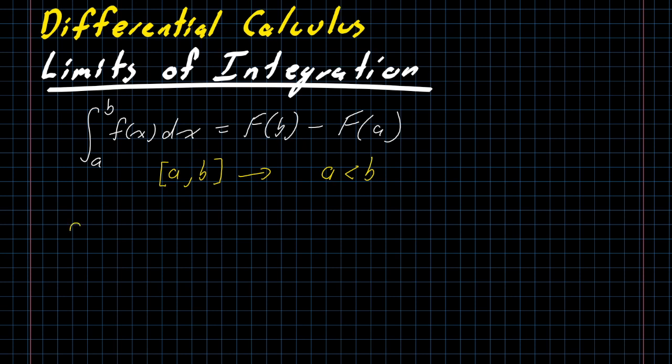And so I'll give you two ways of thinking about what happens if the larger value is the lower limit of integration and the smaller value is the upper limit of integration. Well, the first option is to follow the fundamental theorem of calculus, which tells us that this is going to be f of a minus f of b.